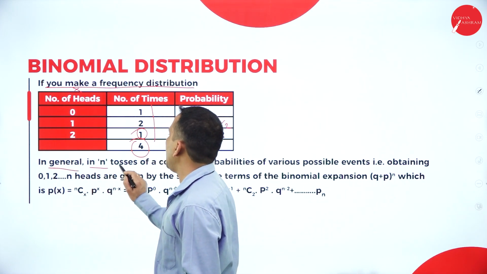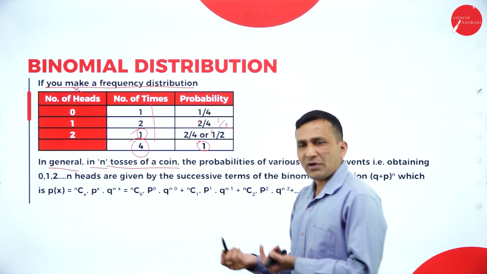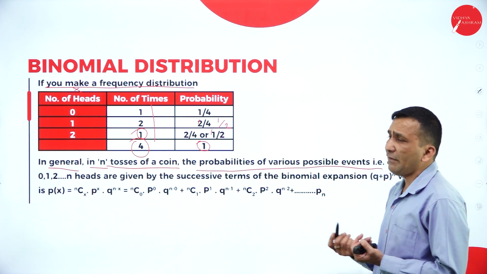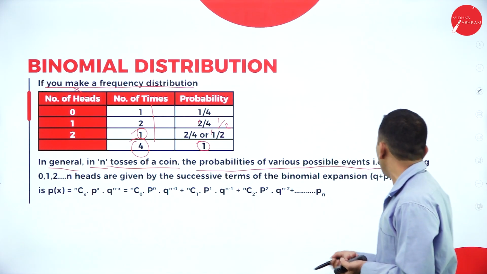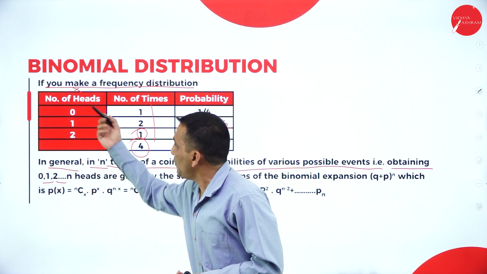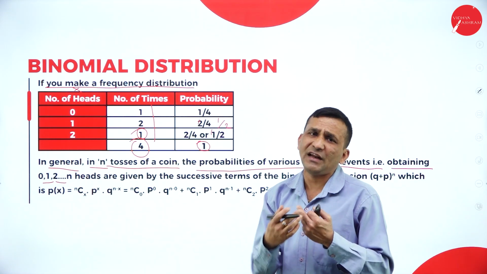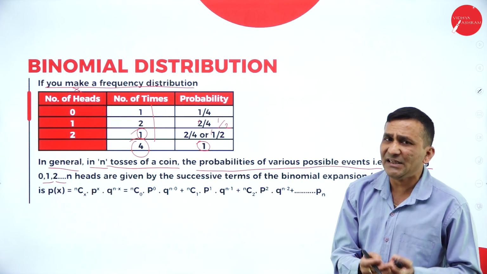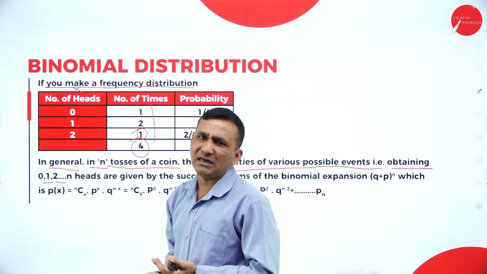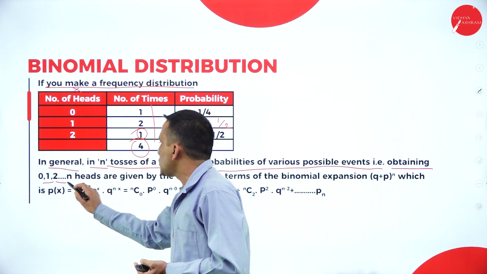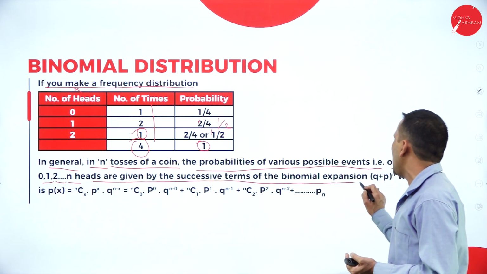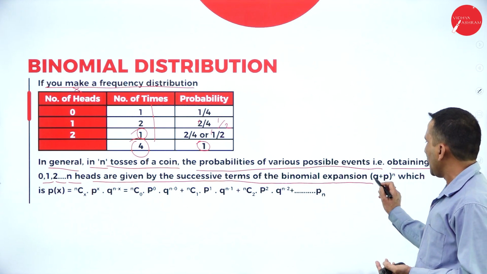In general, in n tosses of a coin, the probabilities of the various possible events, that is obtaining 0 up to the number of coins. If you take 3 coins, you get 8 results. So any event related to a binomial distribution experiment, till n, is given by the successive terms of the binomial expansion, which is nothing but (Q + P) to the power n.